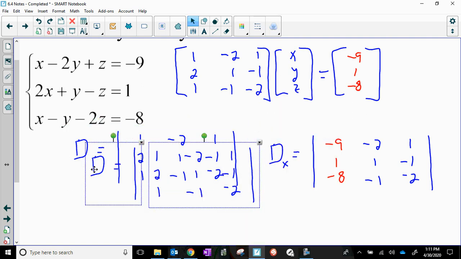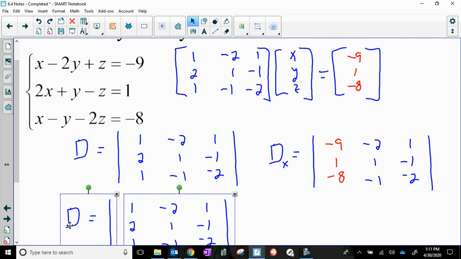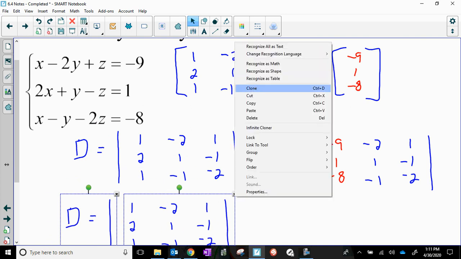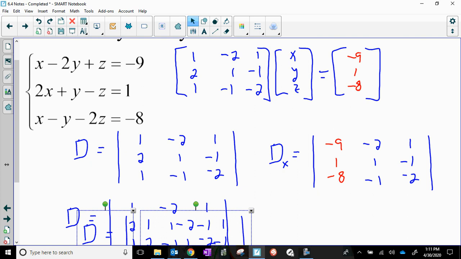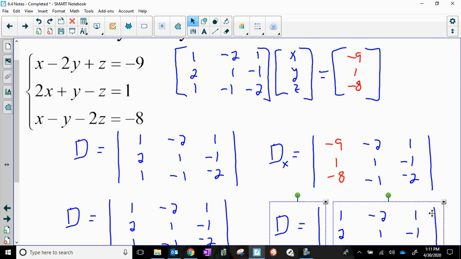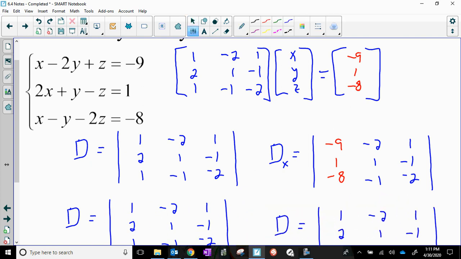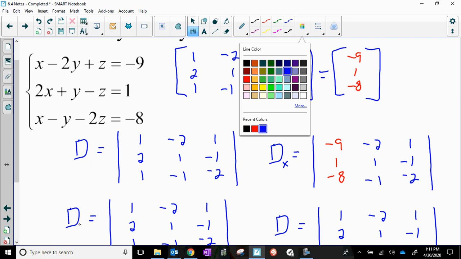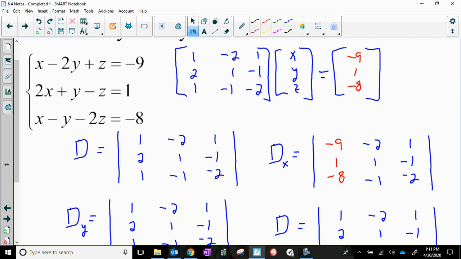So then I'm going to find my Dy next, and my Dz. So when I want to find Dy, I'm going to get rid of the y column. If I want to find Dz, I'm going to get rid of my z column.